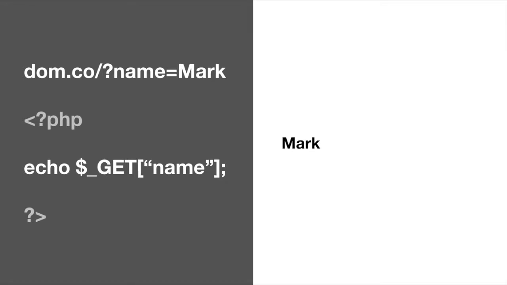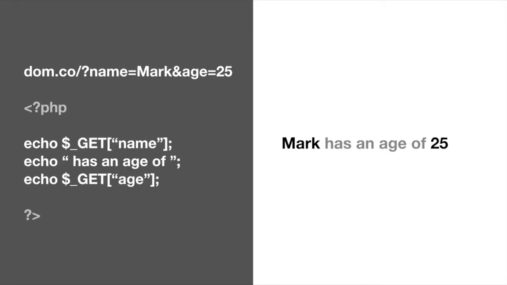It will output the value. And then just to reiterate, you can do multiple GET variables by separating them out with the and symbol. And that's just an example of what it'll print out.